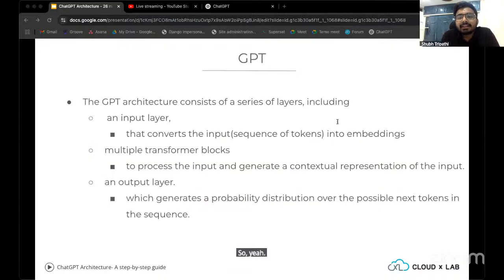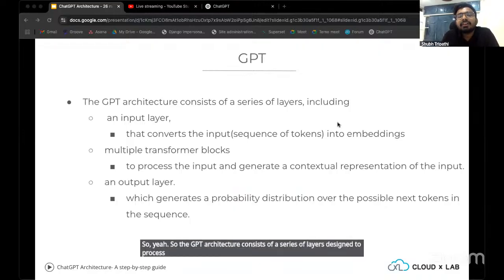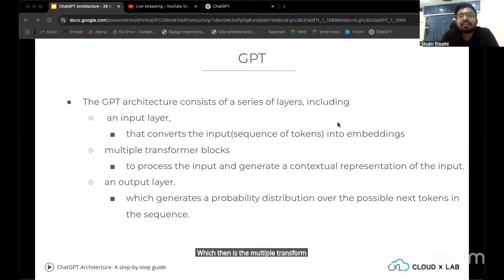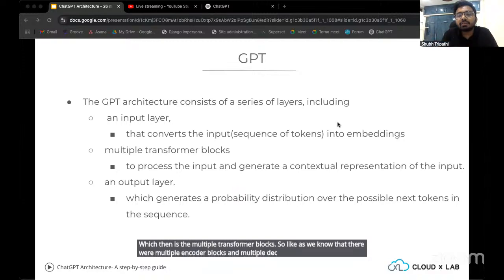The GPT architecture consists of a series of layers designed to process and generate text effectively. First is the input layer, which converts the input sequence into embeddings, followed by multiple transformer blocks. As we know, there are multiple encoder blocks and multiple decoder blocks, but by multiple transformer blocks here, we mean multiple decoder blocks only. These layers process the embeddings, applying self-attention and feed forward networks to build a contextual understanding of the input.